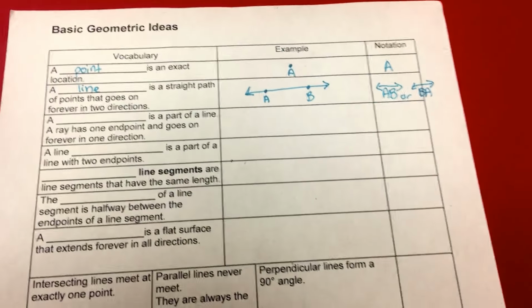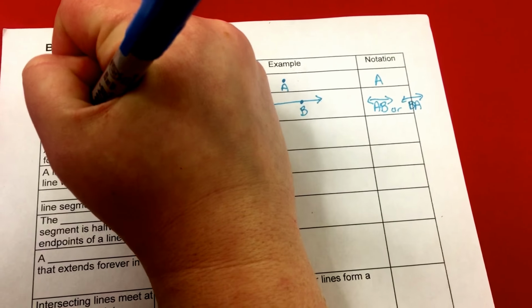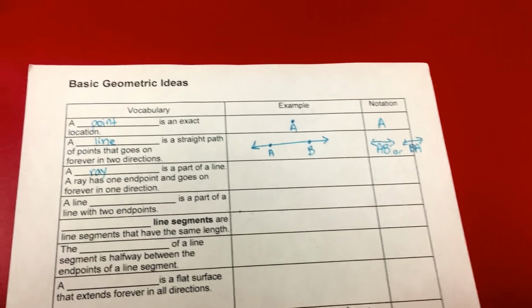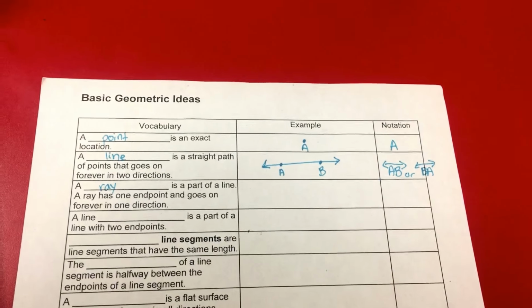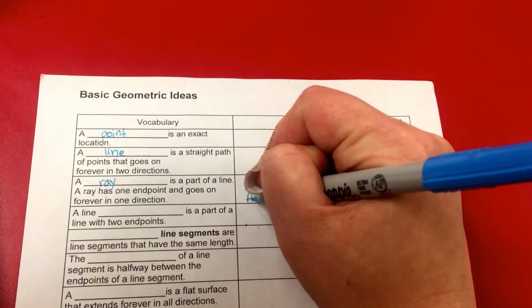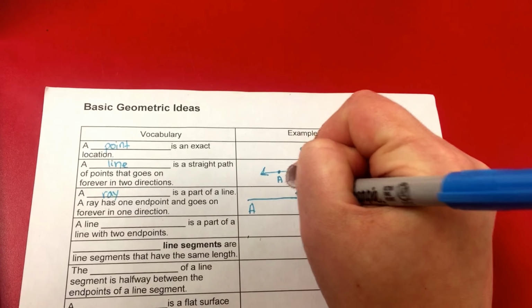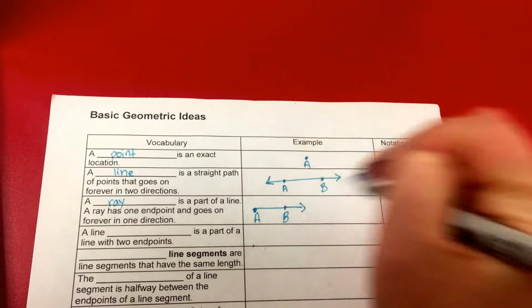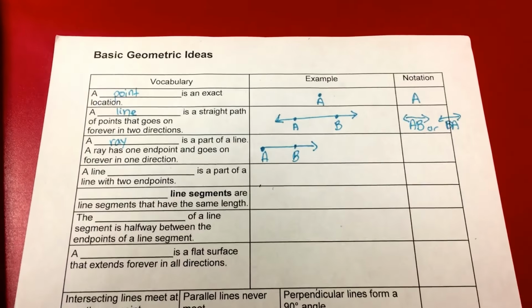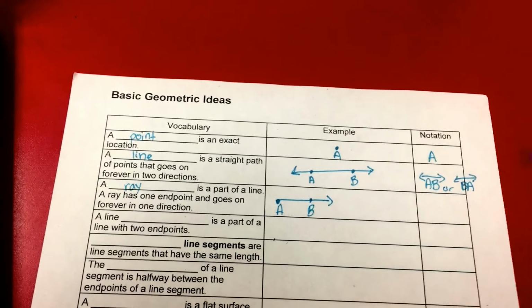All right. The next one we have is a ray. A ray is on a line. It's a part of a line that has an endpoint and goes on in one direction but not the other. So a ray could look like this, where it has an endpoint and another point.